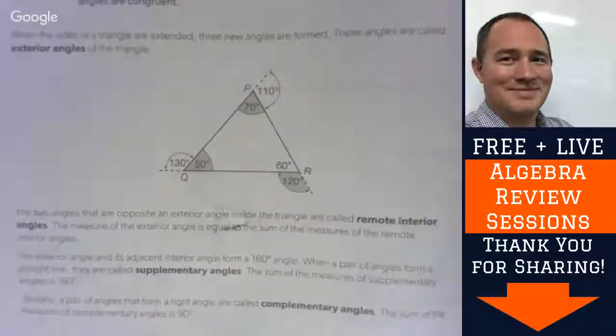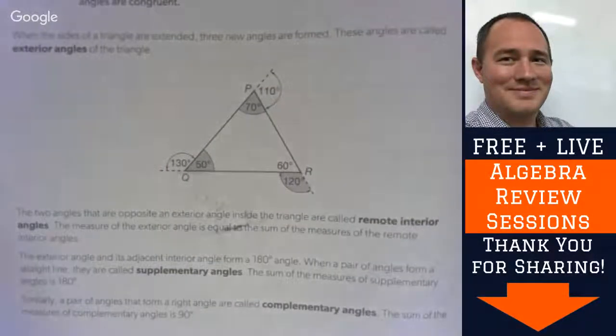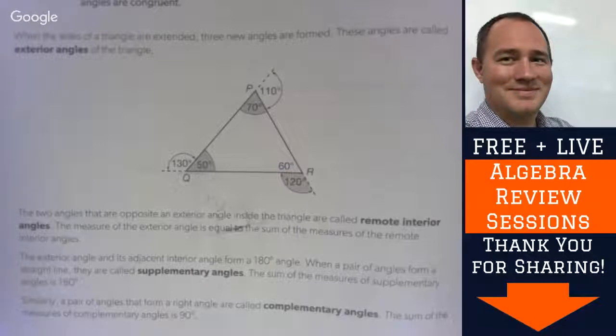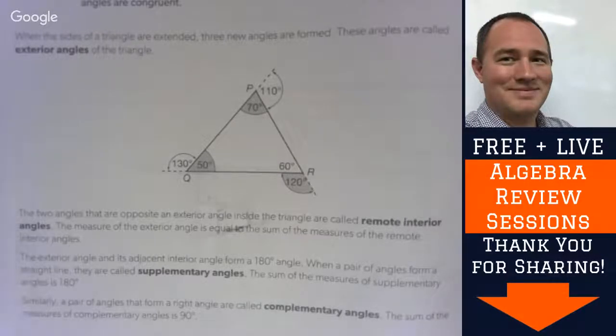All right. So here's a little bit more information, more definitions. It's talking about when the sides of a triangle are extended, 3 new angles are formed. These angles are called exterior angles of a triangle. So does everyone see that?